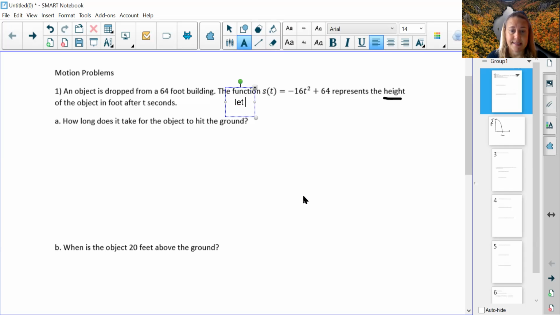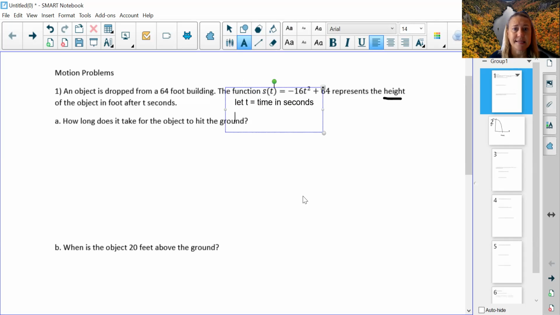So if I write let statements, let t equal the time in seconds. Again, units are important, right? There's a big difference between seconds, minutes, hours, days. So we've got t being time in seconds, and then s of t.